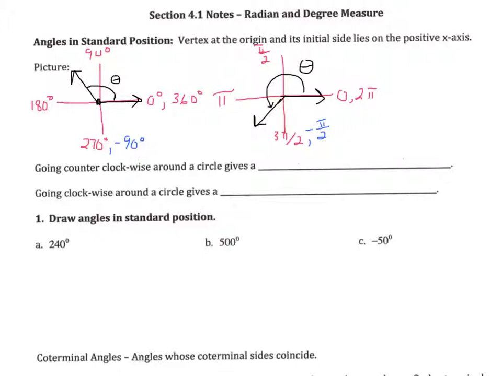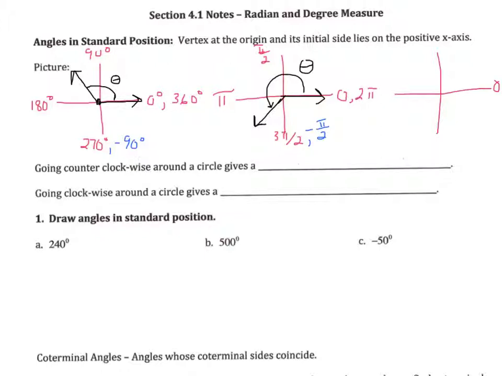Now there is one more way to think about angles and their measures, and we'll talk more about this later, but we want to also know what the decimal values are of our radian measures, because sometimes we'll see an angle and its measure will be 2.4, and that's not in degrees, that's in radians. So 0 radians would just be the same as 0 in decimals.